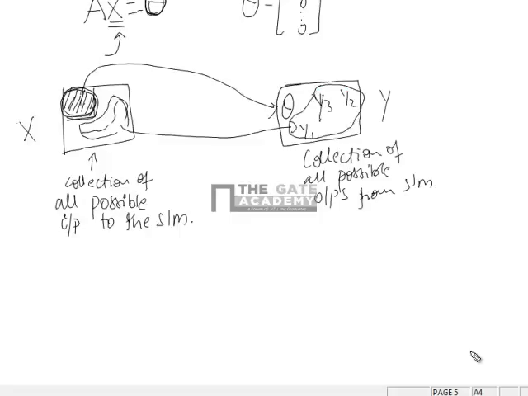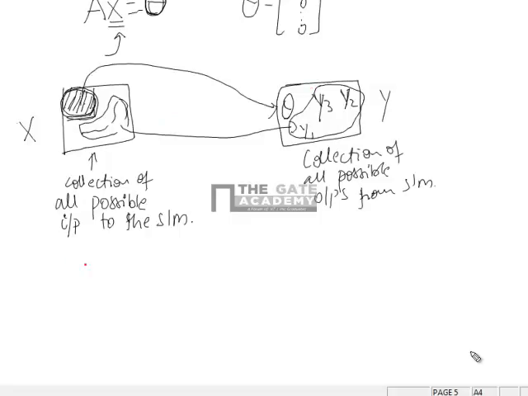But if I pick any x from this region, I always get only 0 as the answer. Clear? This is what it means. If I apply any other x, I am getting different values of y. That is my observation. This is the first observation.